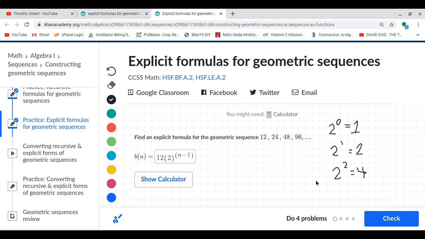To get to the fourth term, I multiply 12 by 2 to the third power. That's where the n minus 1 comes from, and it's going to be that way for every formula. So that would be 12 times 8, which gives me 96. That's why we're going to have the n minus 1 all the time.